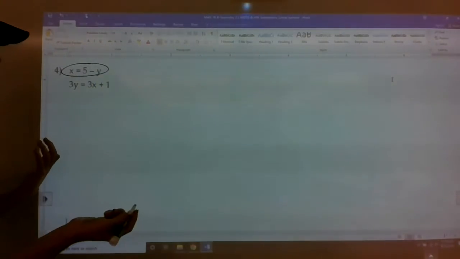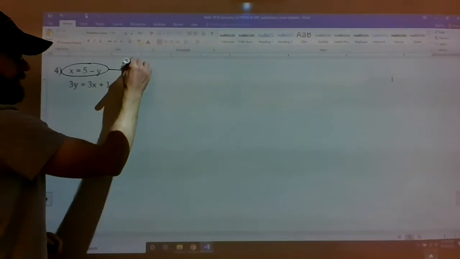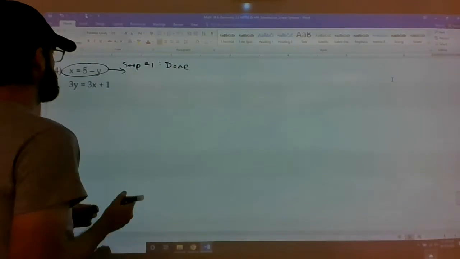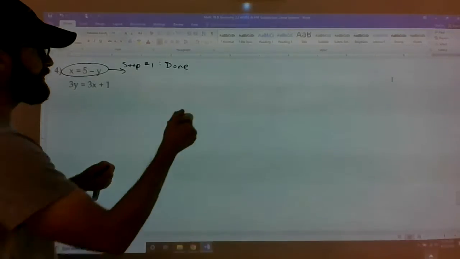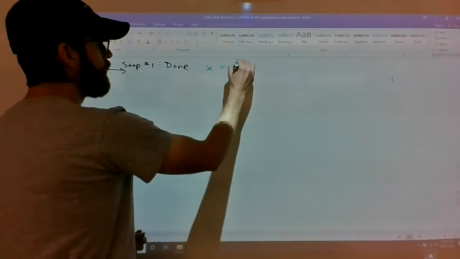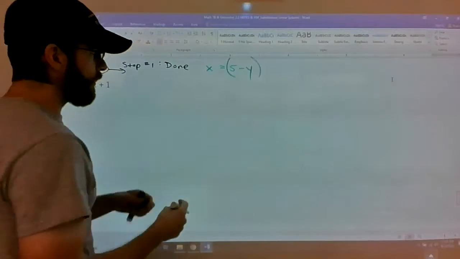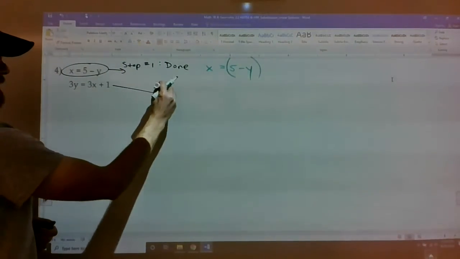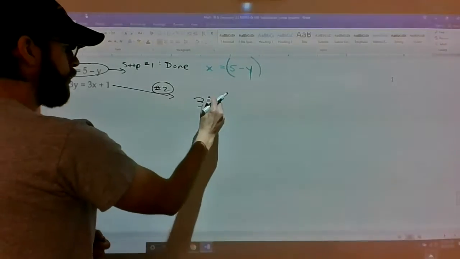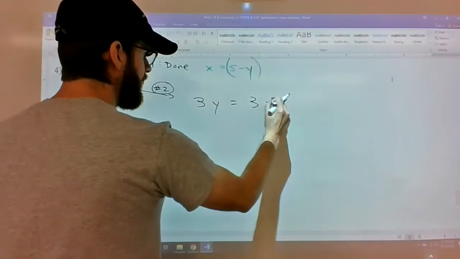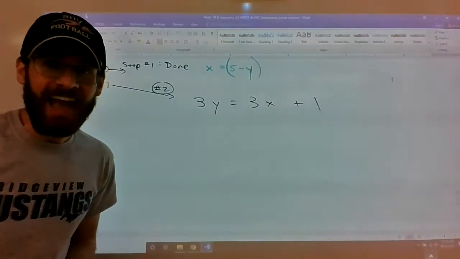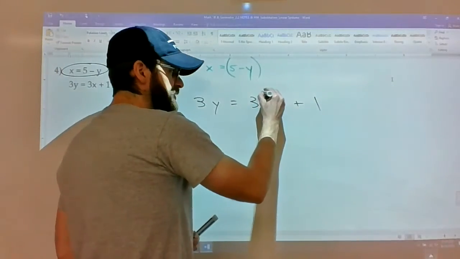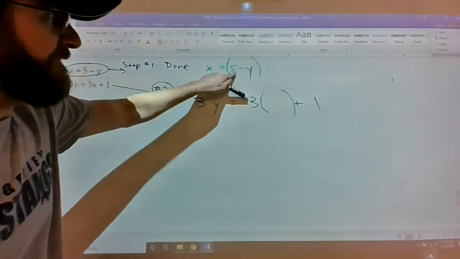So this one seems to be done for us. Step number 1, done. So this is kind of like, hey, I got the green equation ready to go. Where are we plugging it into? It's 3y equals 3x plus 1. The x was by itself, which means that's a green x, which is the same as 5 minus y.